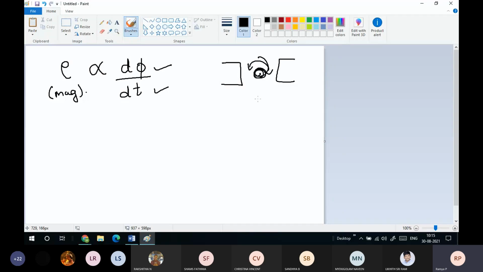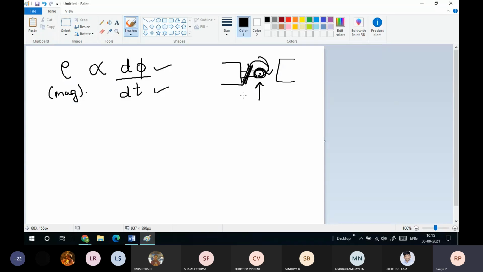This conductor is given some amount of energy, so it cuts or intersects the magnetic flux lines.